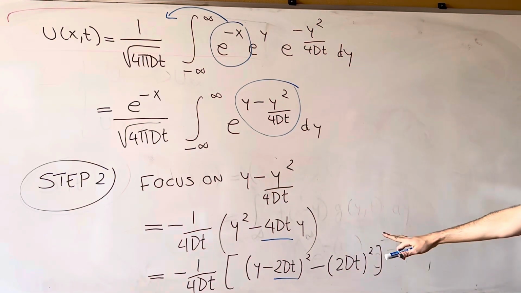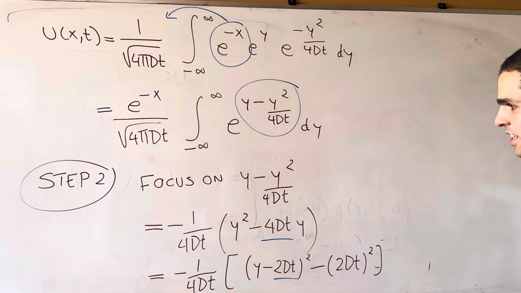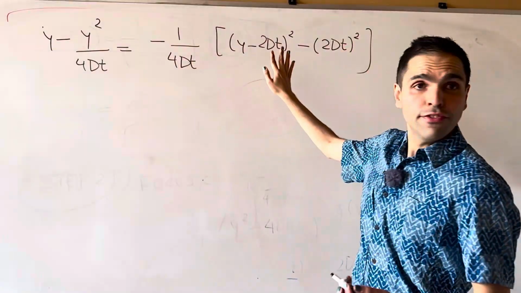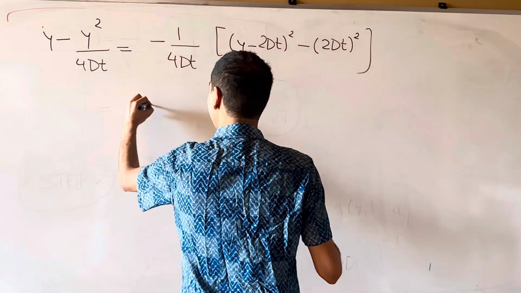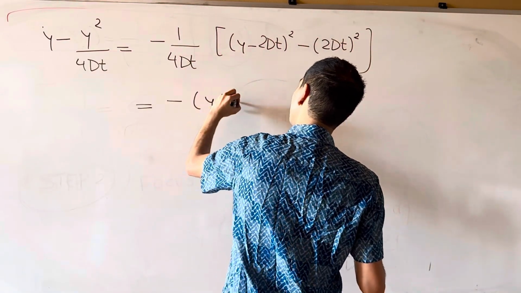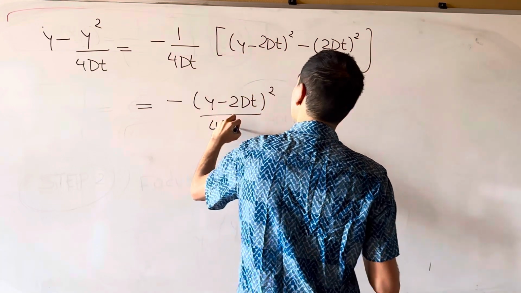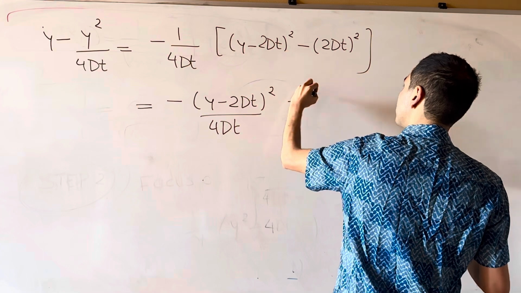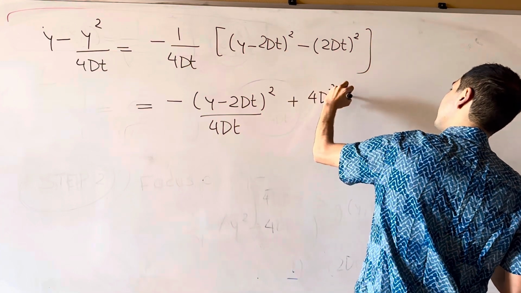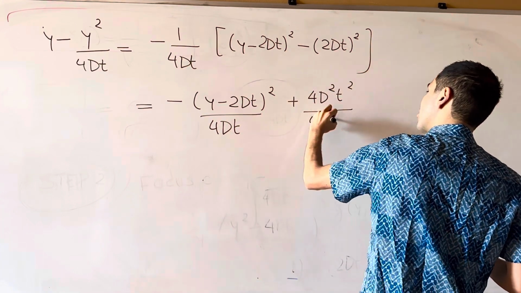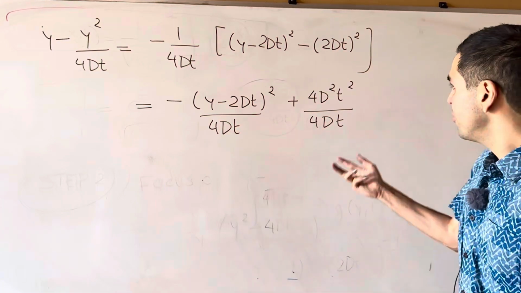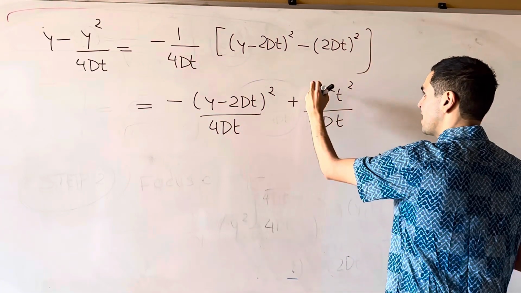And the nice thing is there is a simplification, because if you now expand this out, you get minus (y - 2dt)^2 over 4dt, and then minus minus becomes plus, so 4d^2t^2 over 4dt, which already you see lots of terms cancel out.